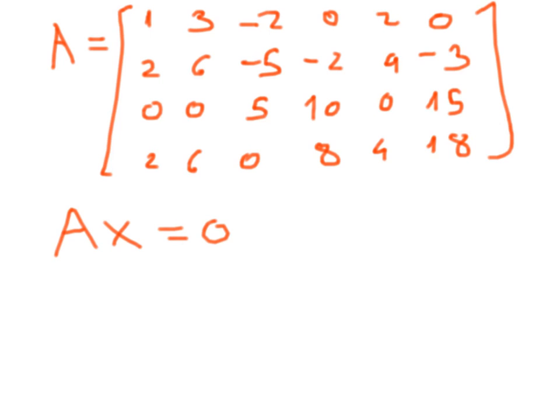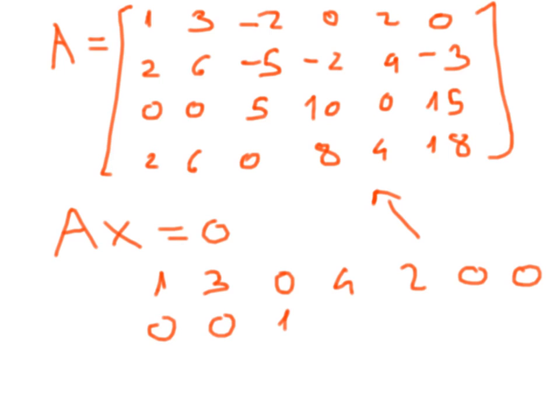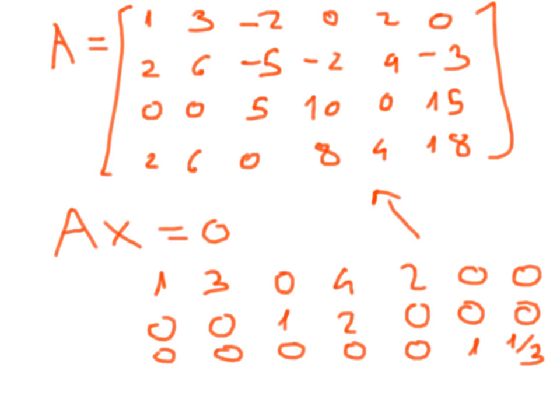There are some operations to do on this matrix that are quite boring for me to write here, and what you finally get, just have a look there, is a matrix with these numbers: 1, 3, 0, 4, 2, 0, 0, and then 0, 0, 1, 2, 0, 0, 0, and then 0, 0, 0, and 0, 0, 1, 1/3, and then the last are all zeros.